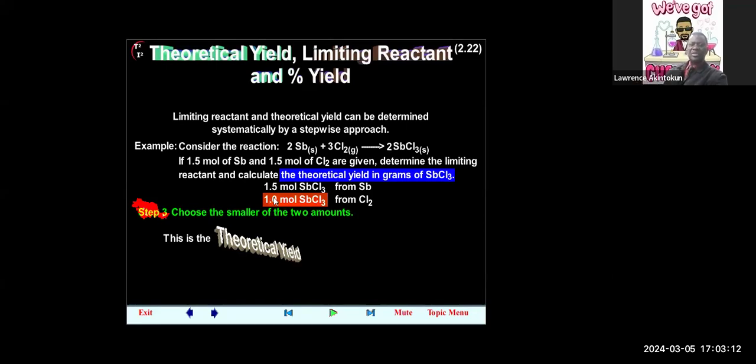So that means because 1.0 mole of SbCl3 is produced, that is what you can get. You cannot produce 1.5 moles of SbCl3 because you already ran out of chlorine this time around.